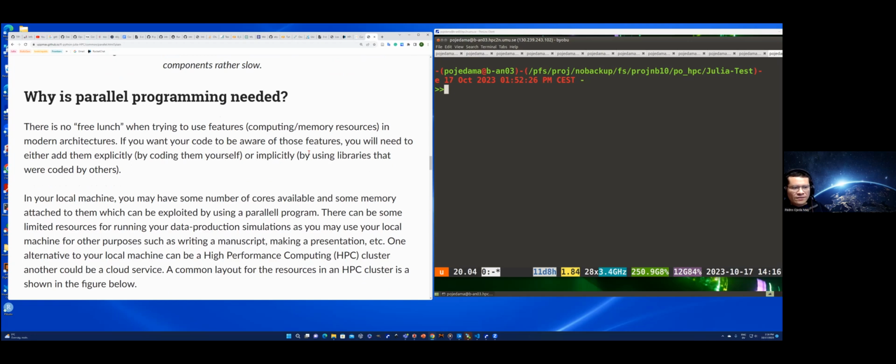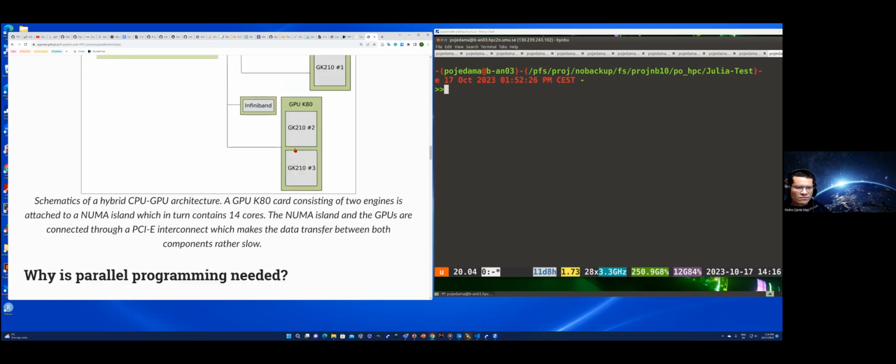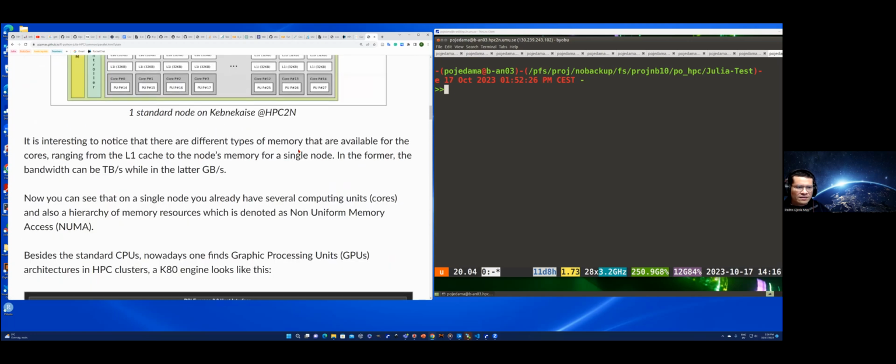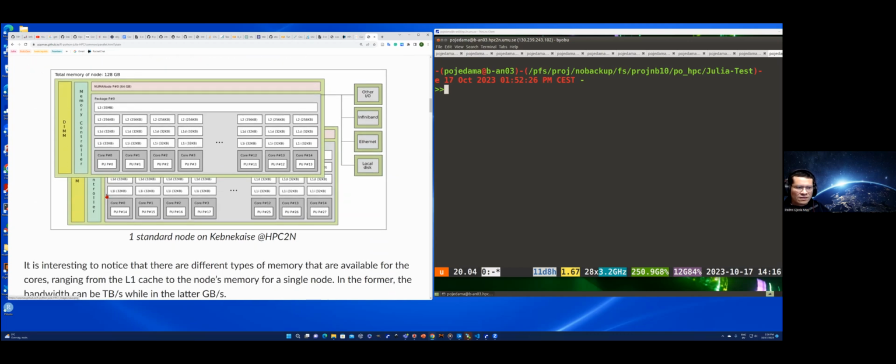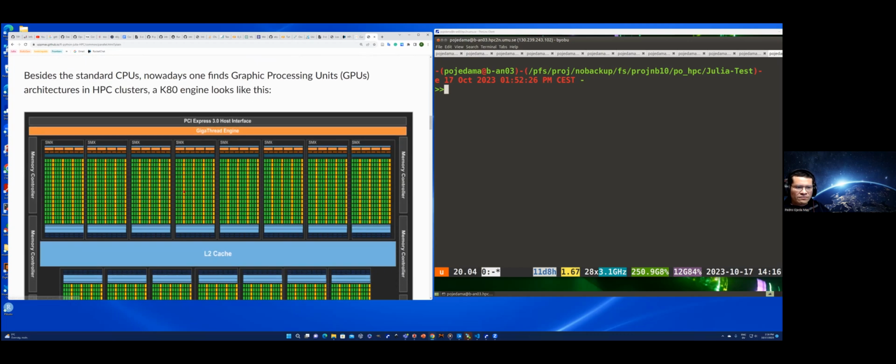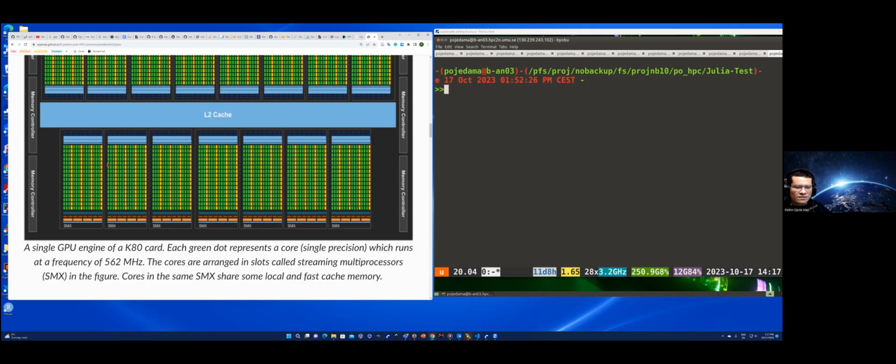and your code runs well, but because you didn't implement any parallel feature in your code, it will end up using a single core. Either it could be one of these in a standard node, or if you didn't write it well, maybe you will be using a single core of these GPUs, right?